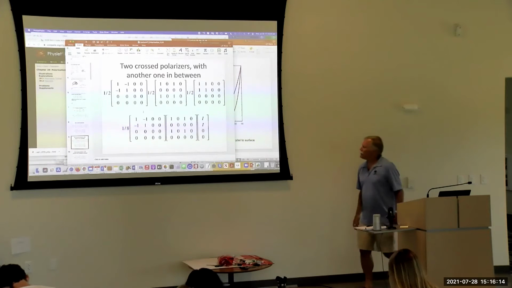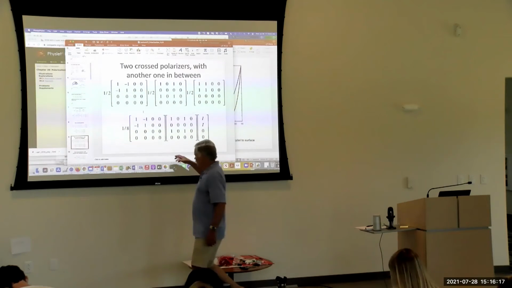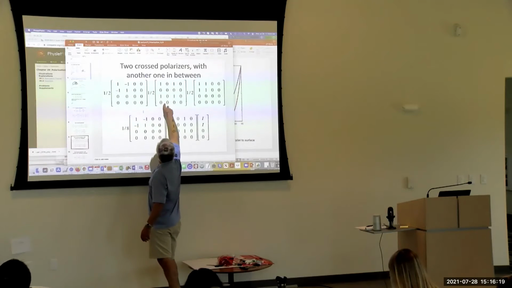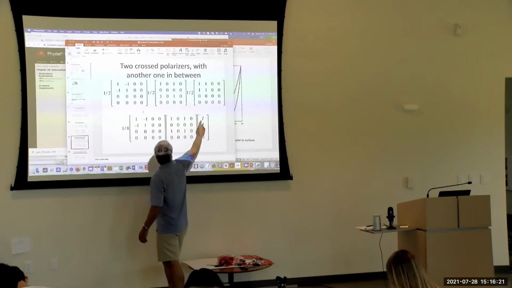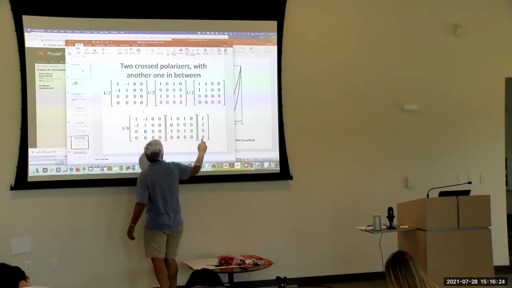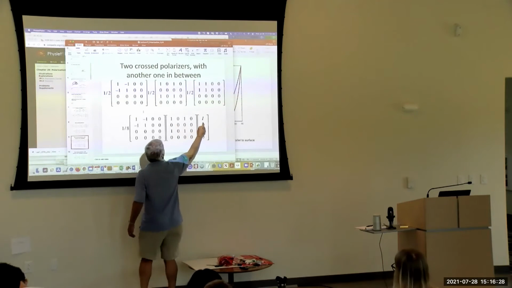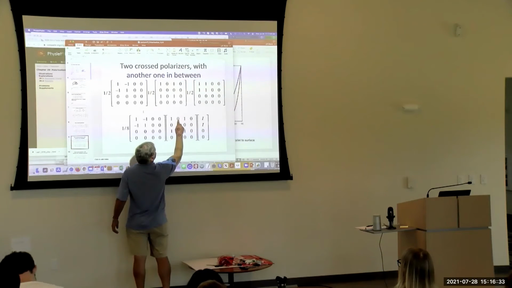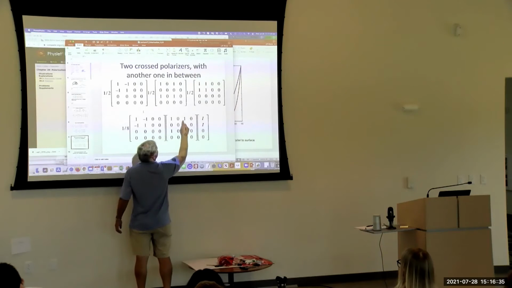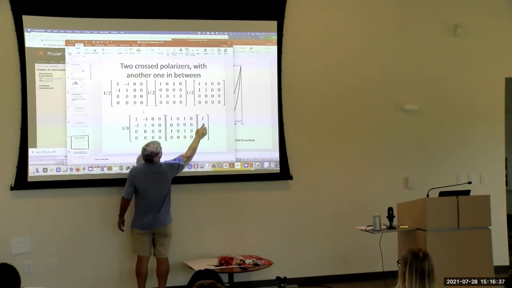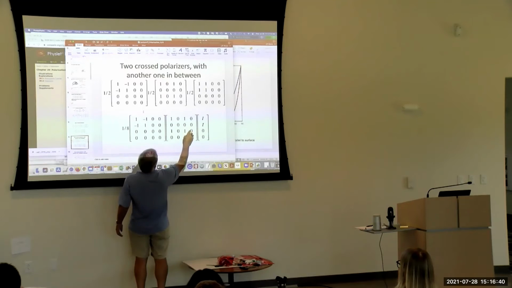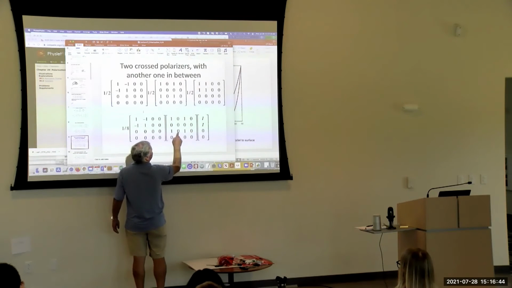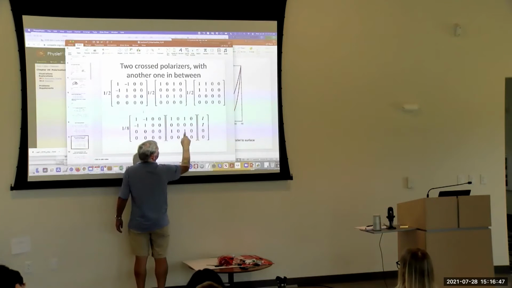If I put another one in between at 45 degrees, now the Mueller matrix looks like this. After the first polarizer, the light coming in is polarized in the L direction. I multiply it times this. What are you going to get? You're going to get an I up here, then the next row is going to be zeros, and the next row will give you an I, and a 0 here.